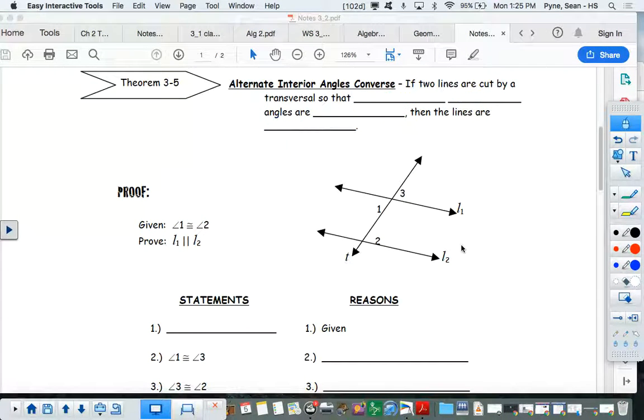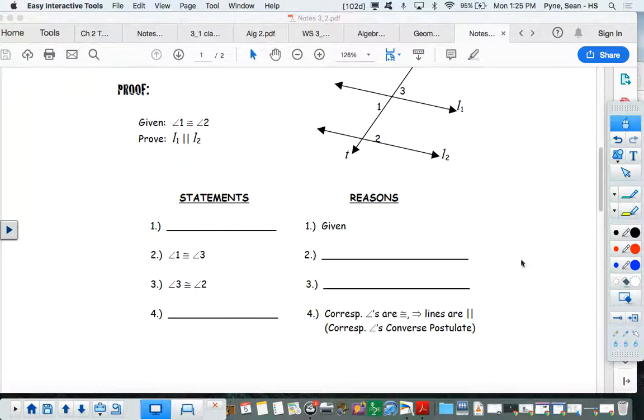Okay. Let's look at the proof. Now we have to fill this in. What do you think you would do for number 1? They give us the reason, but they didn't give us the statement. Right, angle 1 is congruent to angle 2. Excellent.